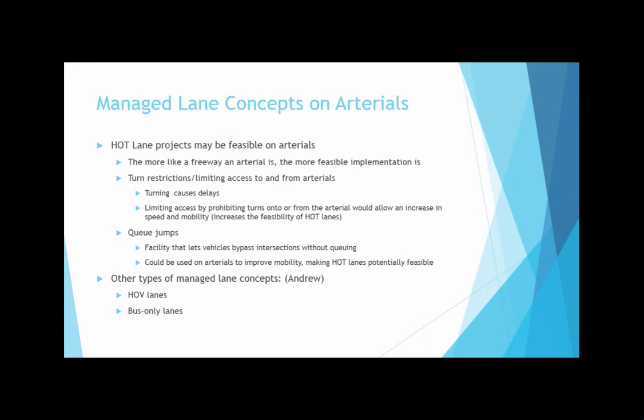So then, applying managed lanes concepts to arterials. As I mentioned earlier, the HOT lane projects that have been implemented in the past have been implemented on highways and freeways, but they may also be feasible on arterials. A consideration is that the more like a freeway an arterial is, the more feasible the implementation. That's because of the characteristics that I mentioned earlier with the stopping and the intersections.